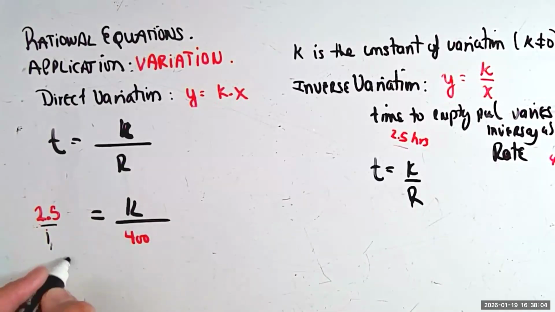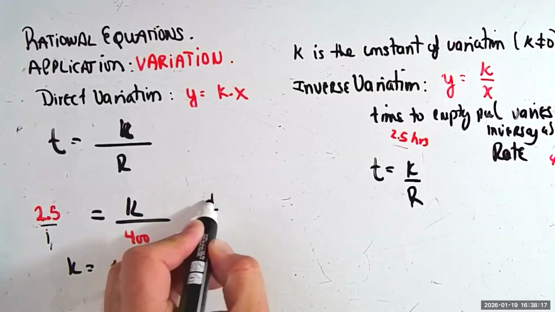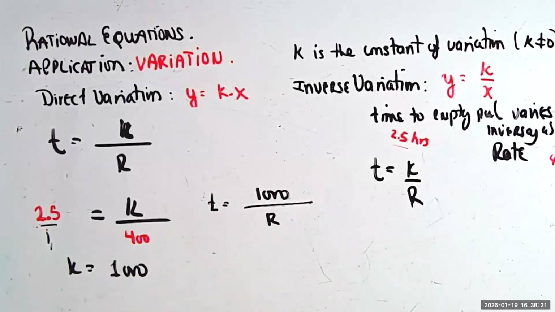Over 1, cross multiply. K equals 2.5 times 400. That's 1,000. Therefore, my equation is T equals 1,000 over its rate.